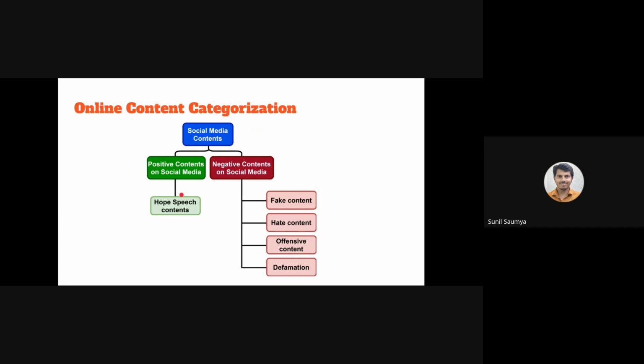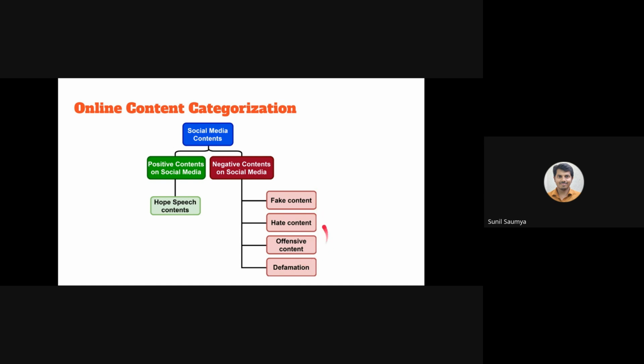But you must have also noticed that there is a lot of negative content on social media. When I say negative content, I have broadly classified it into fake, hate, offensive, and defamation. There could be many more types, but I have broadly classified it into these.